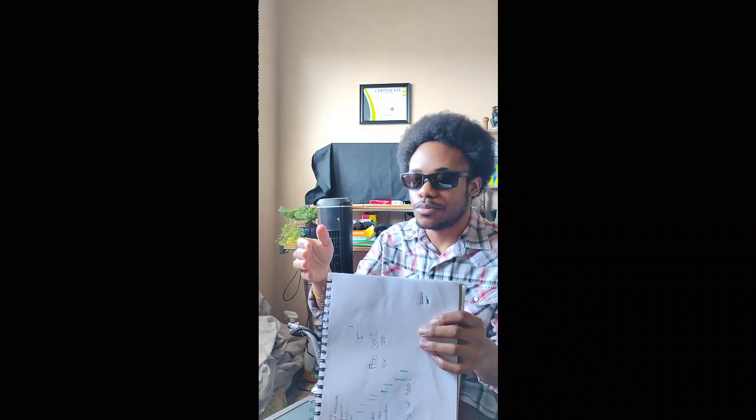So, 7 times 3. For the youngins out there, you're going to add 7 plus 7 plus 7. 7 plus 7 equals 14. 8, 9, 10, 11, 12, 13, 14. That's 7 counts.